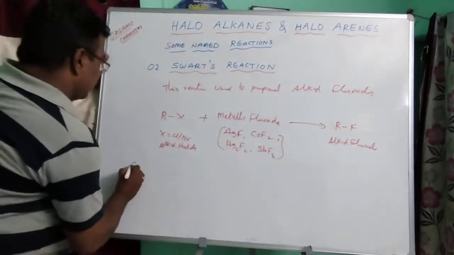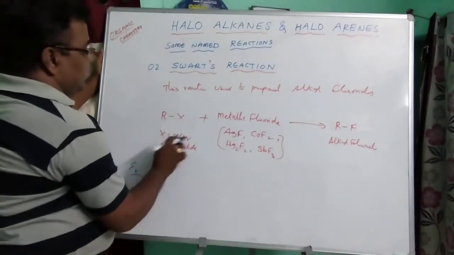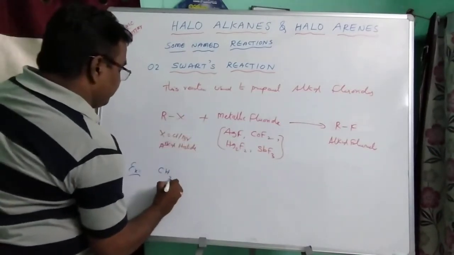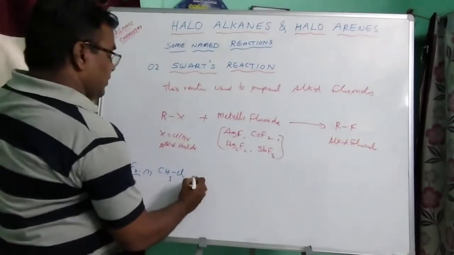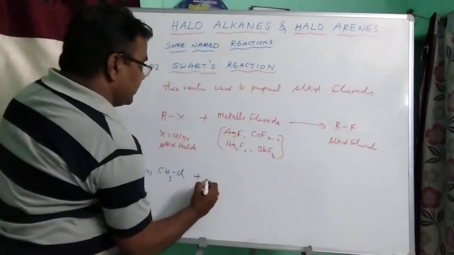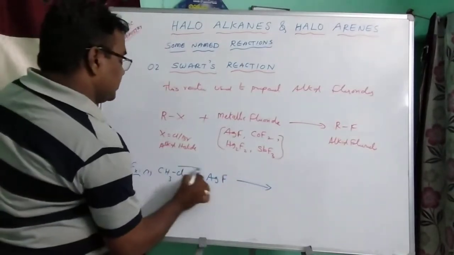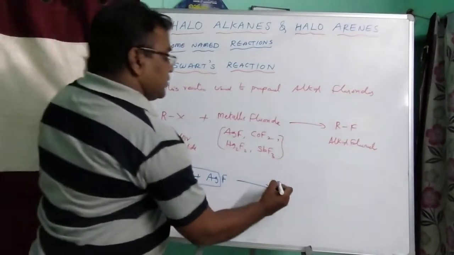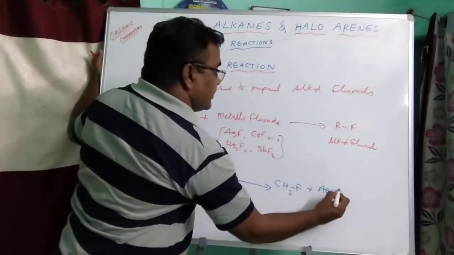For example, here X is equal to halogen, chlorine or bromine. Methyl chloride plus metallic fluoride. Let me take silver fluoride. So CH3F plus AgCl.